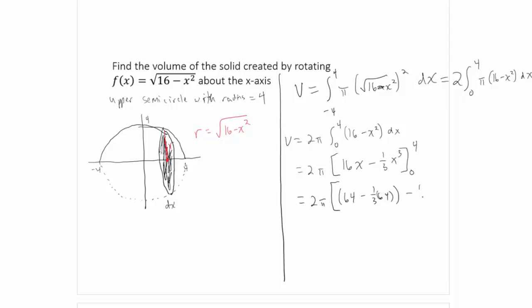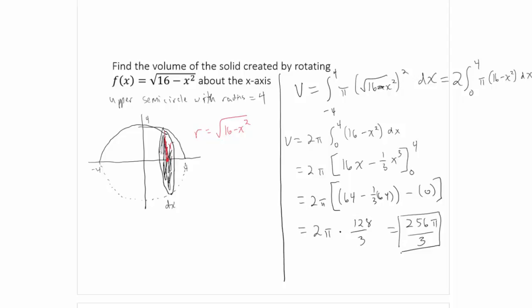Substituting zeros would give me 0. And so then 64 minus 1/3 of 64, we can do that arithmetic. And so that's 2 pi times 128 over 3. And so then that's 256 pi over 3 is the volume of that solid created by the rotation.